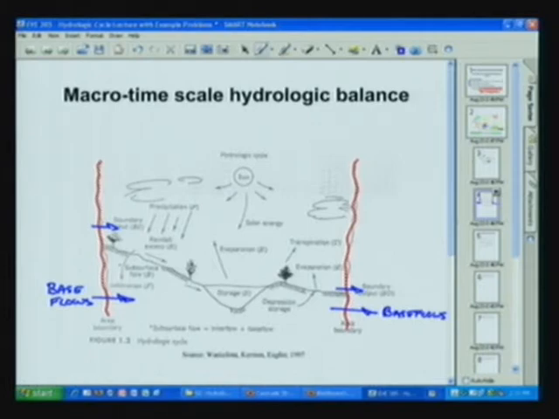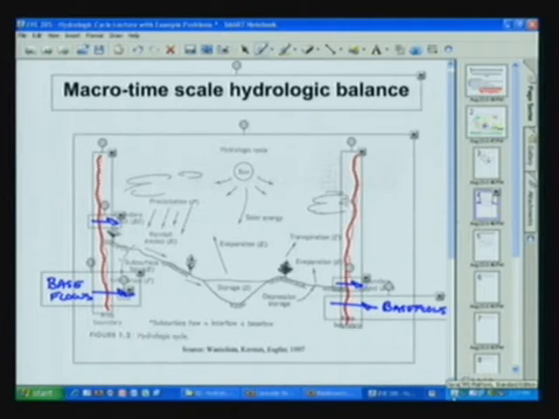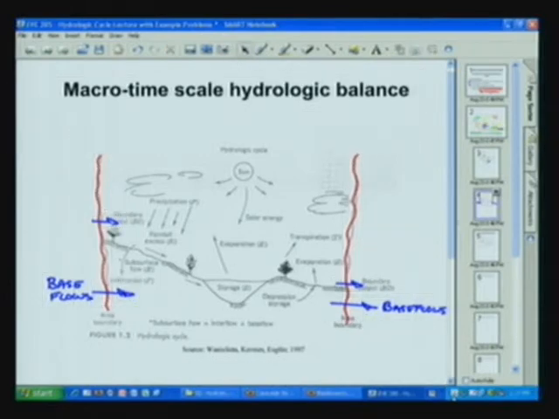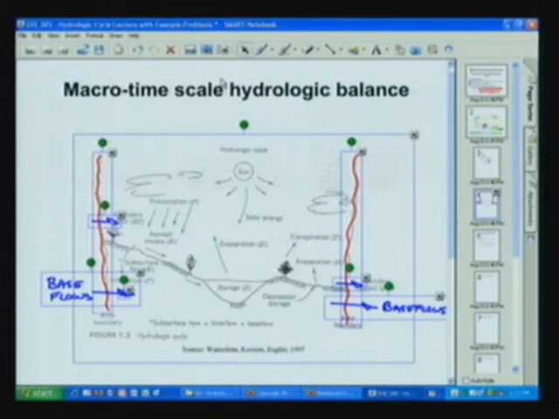When we look at this, one of the things we want to be able to do is write what I'm going to refer to as a macro timescale hydrologic balance. Sorry, having a little tech difficulty here. There we go. Slide all that down.